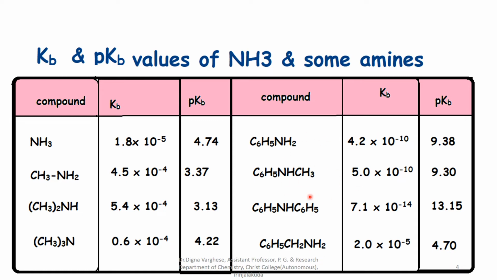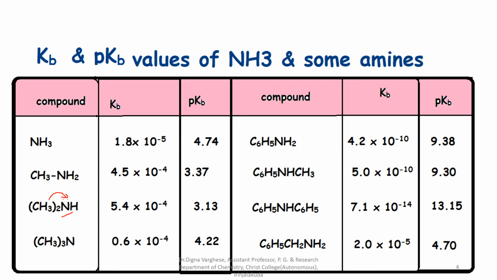This is due to the electron withdrawing nature of the aryl group, which decreases the electron density on the nitrogen atom. But in the case of aliphatic amines, the alkyl groups are electron releasing groups. They have a tendency to donate electrons to the nitrogen atom which has a lone pair of electrons, so this increases the electron density on the nitrogen atom. So it is more basic than ammonia.